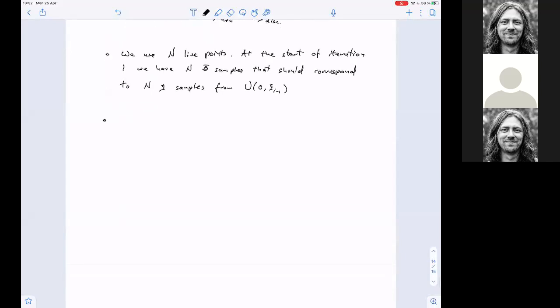So the key then is that we're not trying to actually compute the prior mass accurately at every point, because that would be computationally as difficult a problem as the one we're trying to solve in the first place. We're just trying to estimate it statistically.